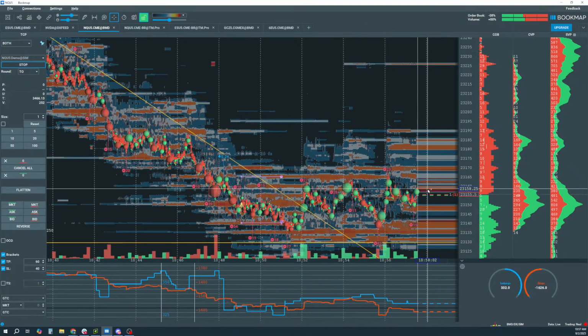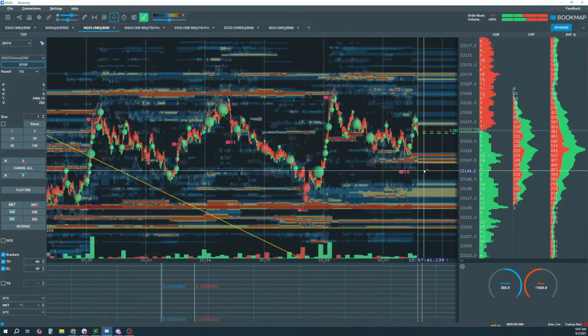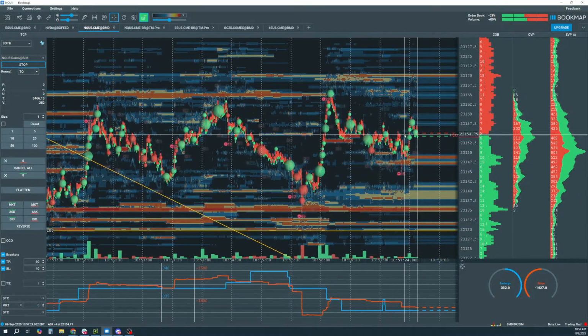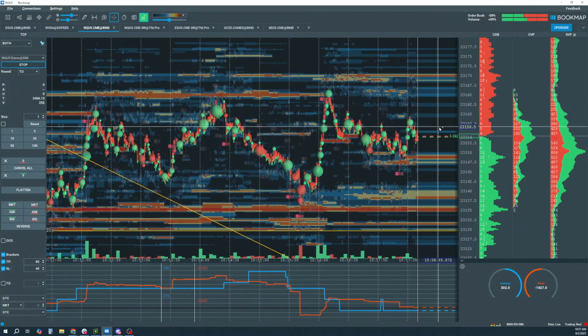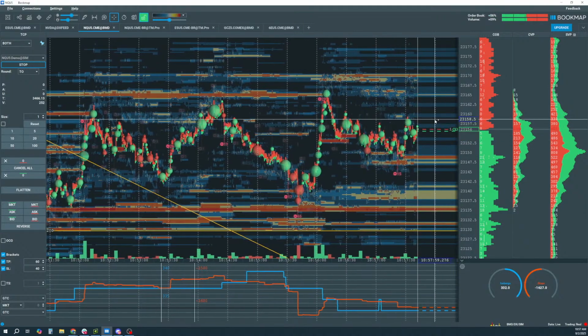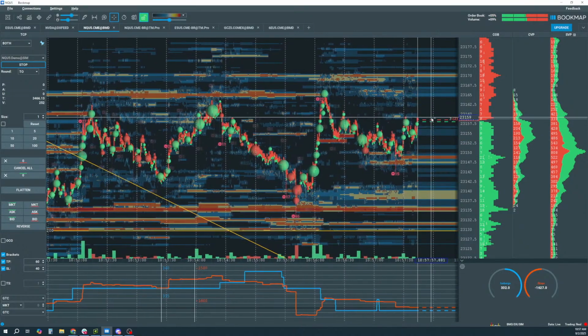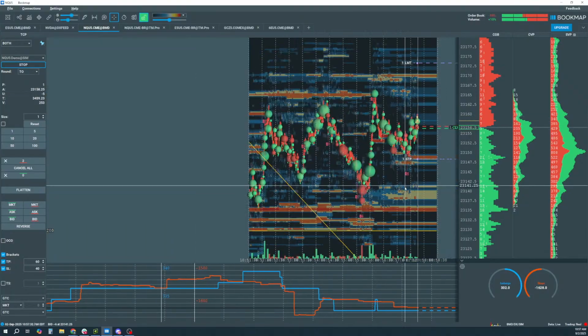So more buying starting to come back in. A break of a smaller structure. And let's see if we get it. Here they come. All right, I'll take a shot at that.